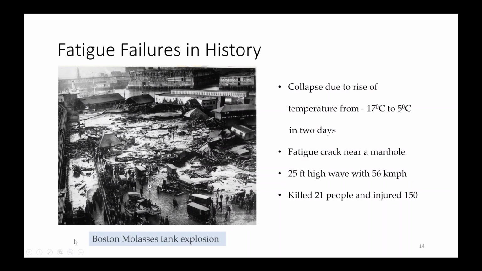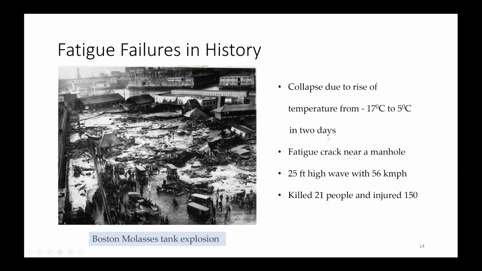Now, one of the fatigue failures in history is the Boston molasses tank explosion. This collapse was due to the rise in temperature from minus 17 degrees Celsius to 5 degrees Celsius in just 2 days.